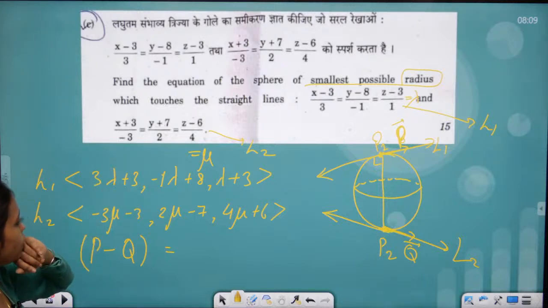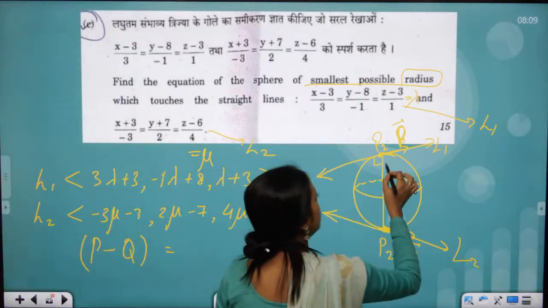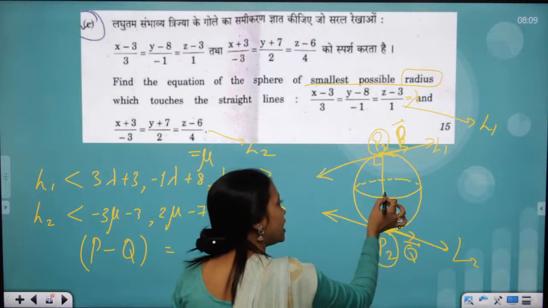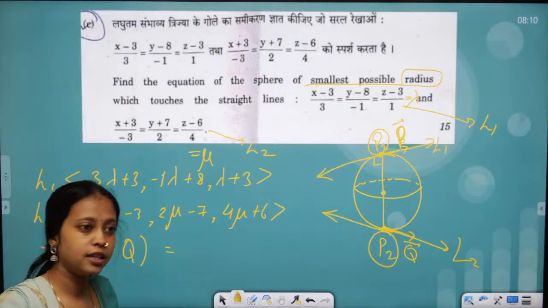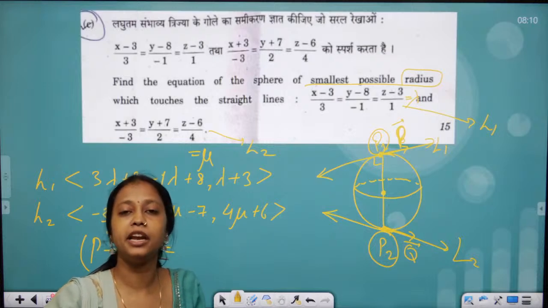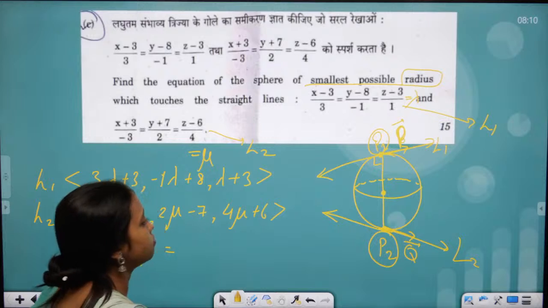Okay, after you have lambda and mu, you have this P1 point, you have this P2 point, center is in middle of it, and you can find the radius also. You have the center, you have the radius, and you can get the equation of the sphere.